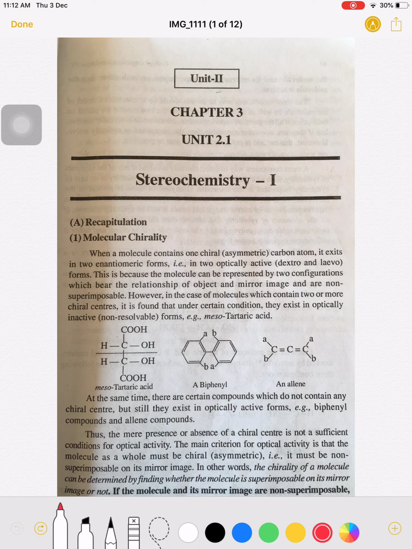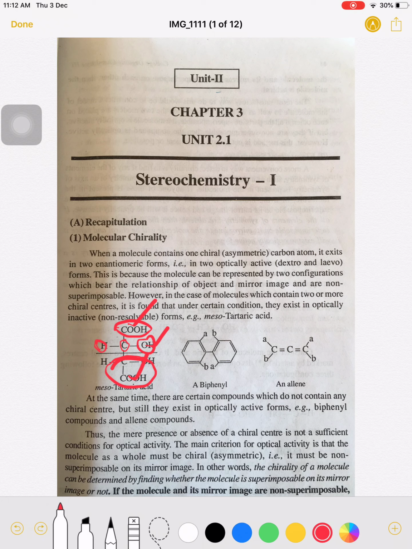Now see here, suppose a molecule has one asymmetric or chiral carbon atom. So what is an asymmetric carbon atom? This is a carbon which is bonded with hydrogen, COOH, OH and this whole group. So all these four groups are different.